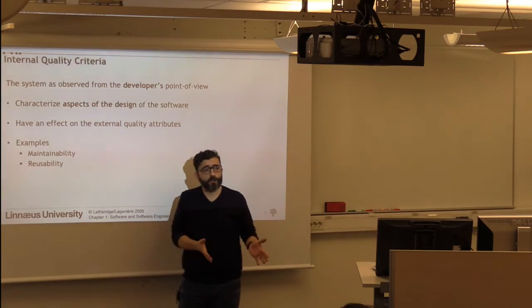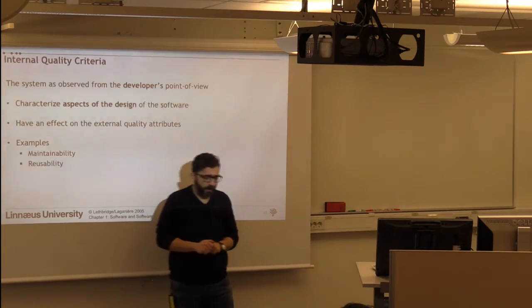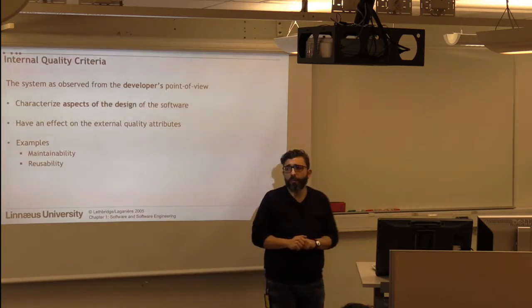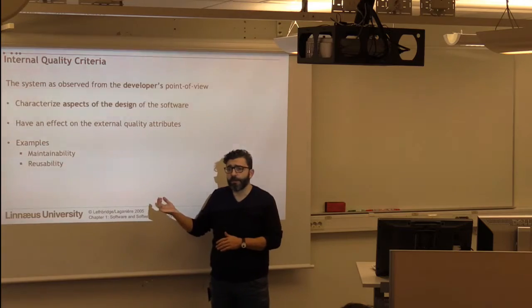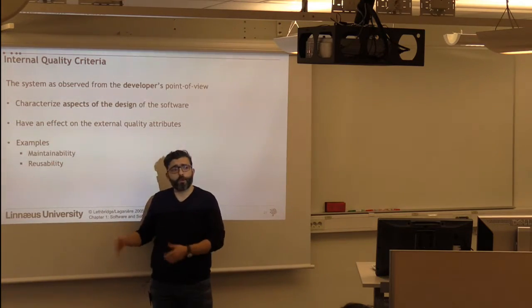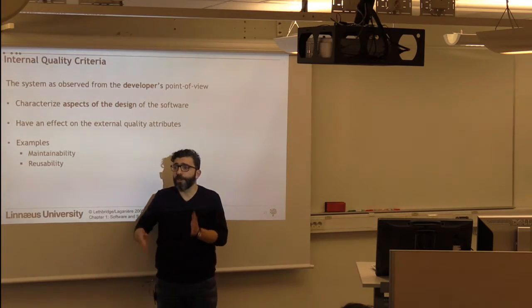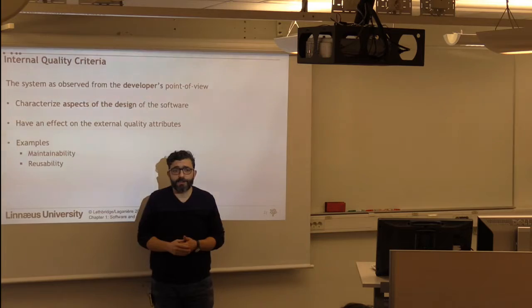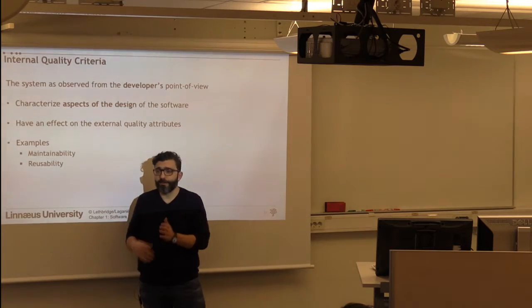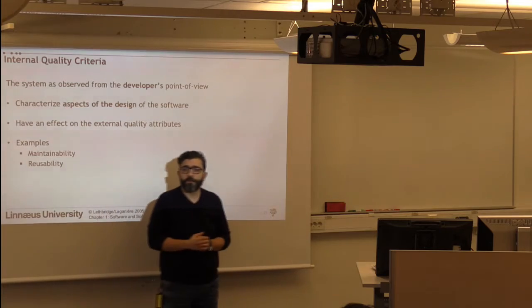It's internal because the user has no clue, doesn't know anything about maintainability. But improving the maintainability will usually also improve the reliability, because the easier it is to fix bugs, the faster is the release of a new version of the software.